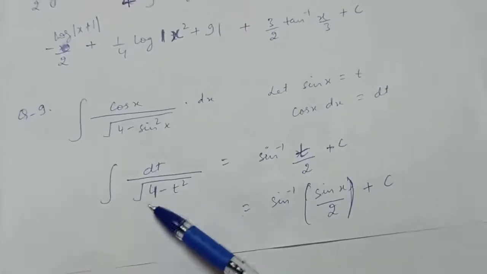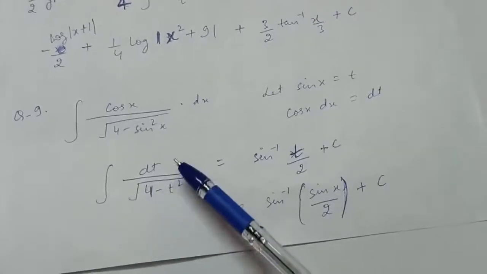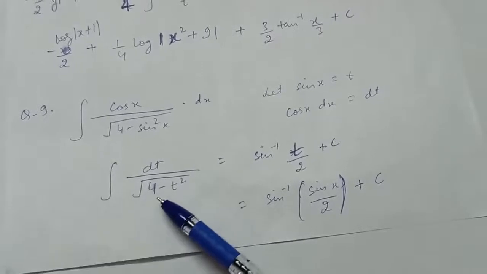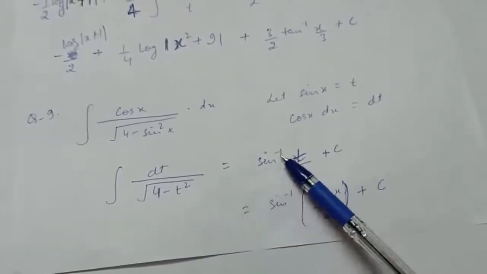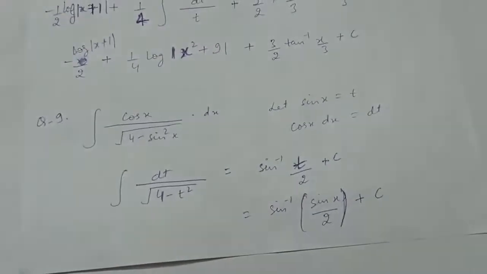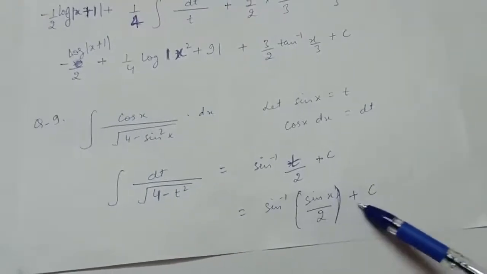Now this 4 can be written as 2 square. So this is the integral of 1 upon root a square minus t square, where a is 2. So the integral of this will be sin inverse t by 2 plus c. In place of t now put sin x.